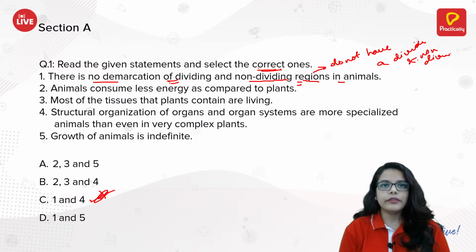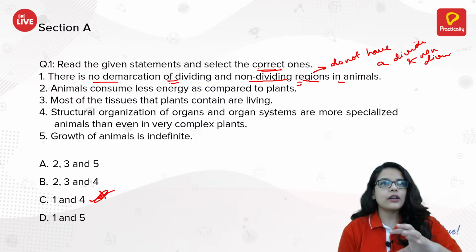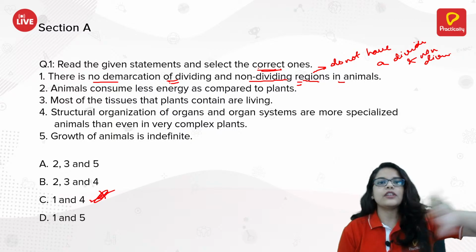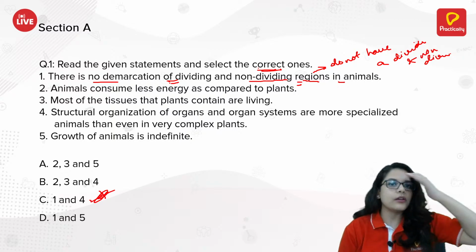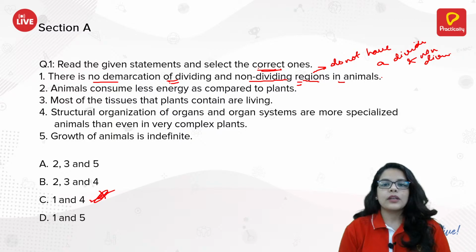We are not plants. We are always dividing. There are no separate areas where we have a dividing part or a non-dividing part or anything like that. So this is correct.